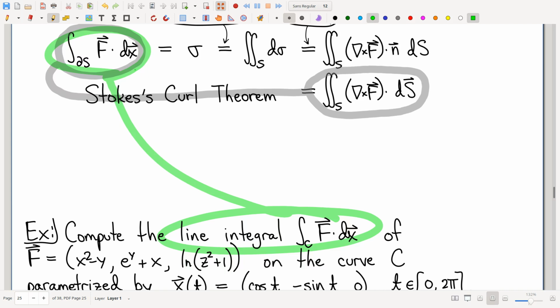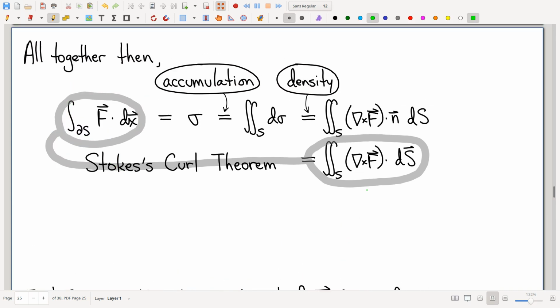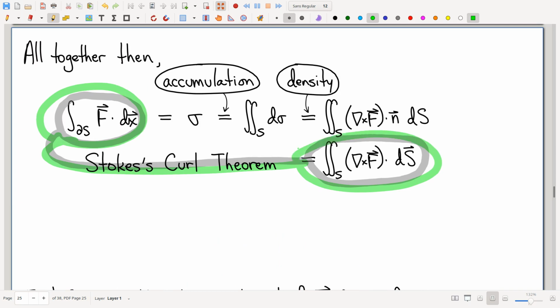Now, before we do, reminder, Stokes' curl theorem, here it is. As with all of our accumulation theorems, there's a catch. There's a yeah, but. It only works when a certain not-to-be-assumed condition is satisfied. And in this case, that condition is the fact that this has to be a boundary.